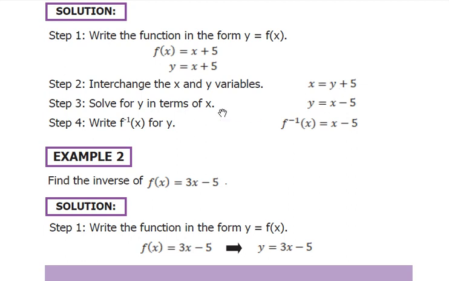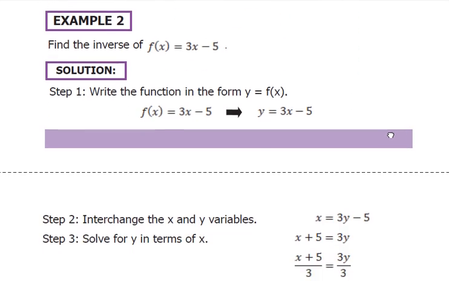Then step 3, from step 2, we have to isolate y. So this becomes x minus 5. And finally, instead of writing y, we write f inverse of x. And this is now the inverse of the given function x plus 5, which is equal to x minus 5. Okay, we're done with example 1.